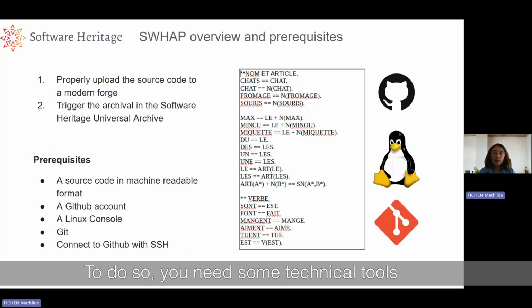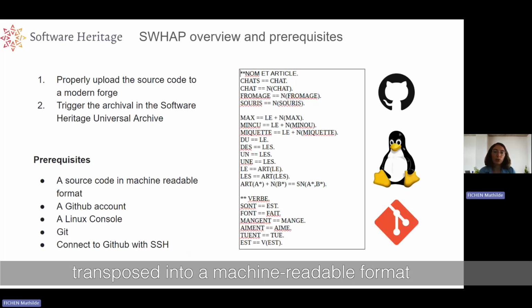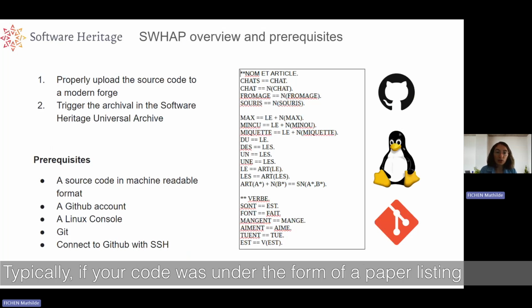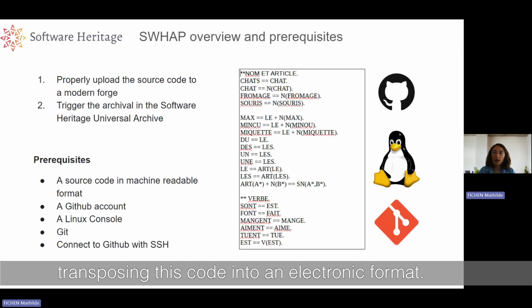To do so, you need some technical tools and some prerequisites. The first prerequisite is that your code should have been transposed into a machine-readable format if it was not already the case. So typically, if your code was in the form of a paper listing, then the first step will consist of transposing this code into an electronic format.